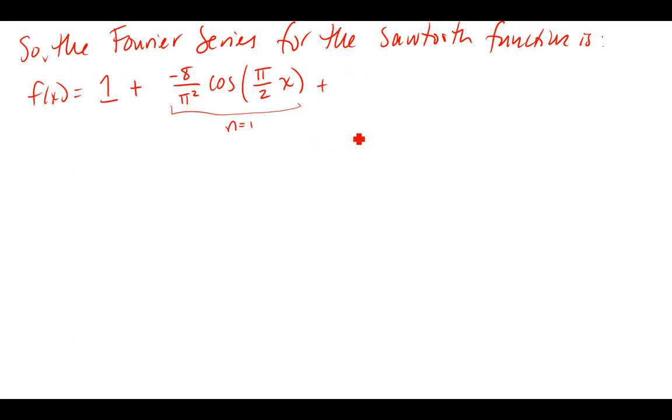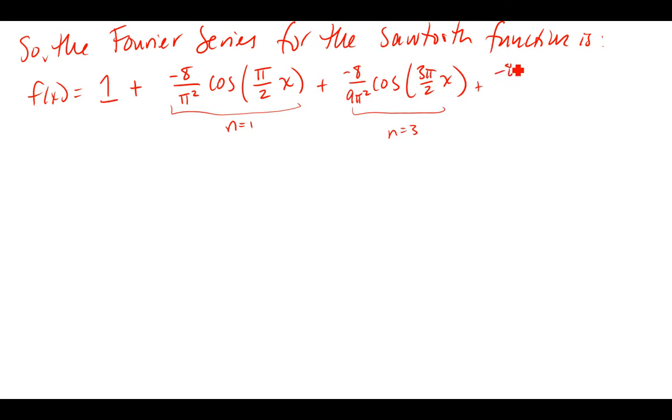Now I don't have an n equals 2 term because it's even. So if I go over to the n equals 3 term, I'd have negative 8 over 9 pi squared cosine of 3 pi over 2 x. Okay, that's n equals 3. I'll just do one more.